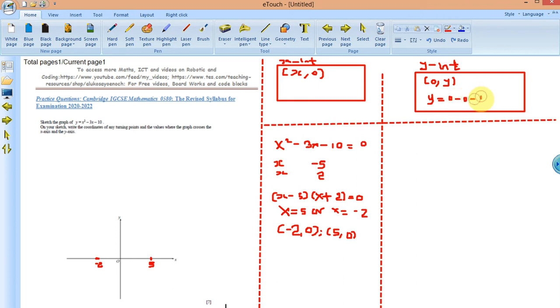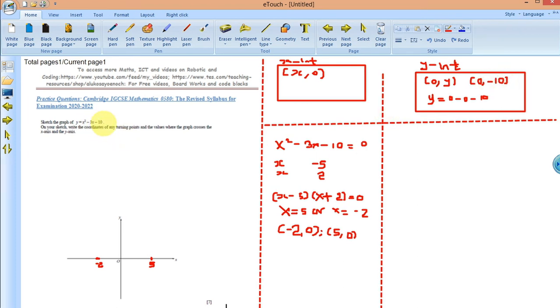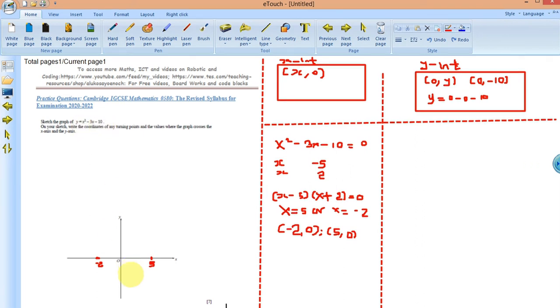So the coordinate we are going to have for y is 0 comma minus 10. So the y-intercept is 0 comma minus 10. You can see it here also. So let's have a minus 10 somewhere around here. So that is 0 comma minus 10.